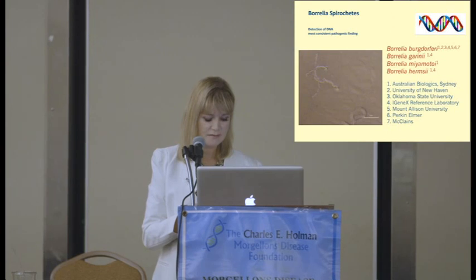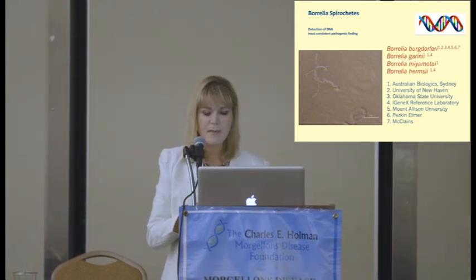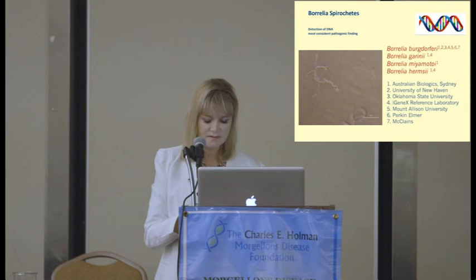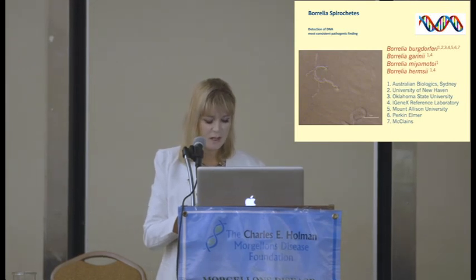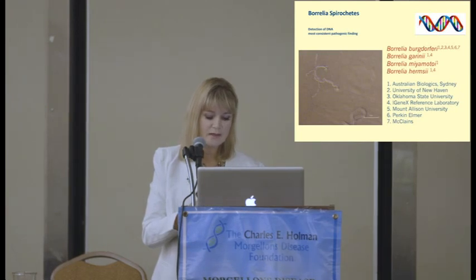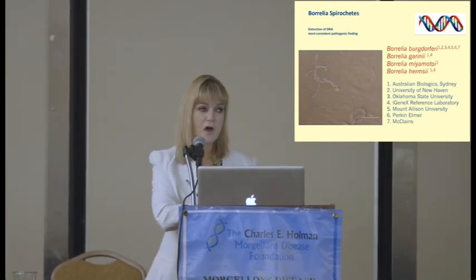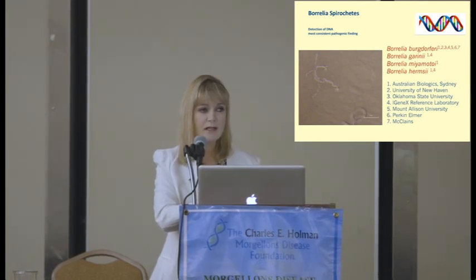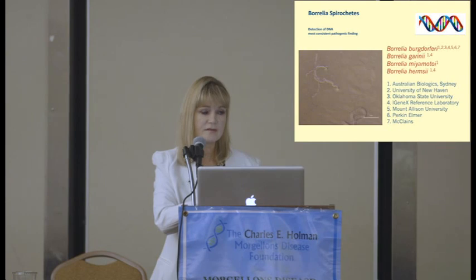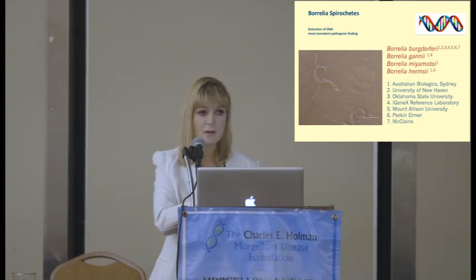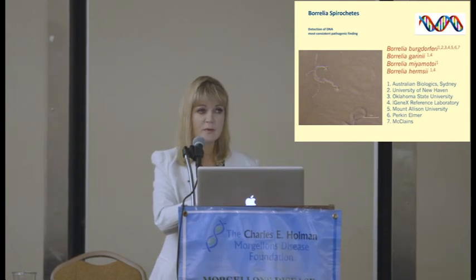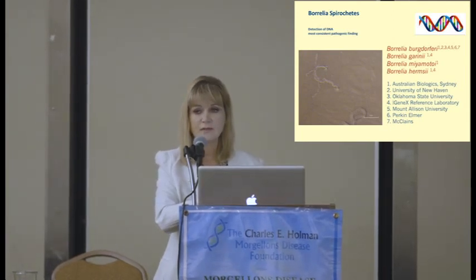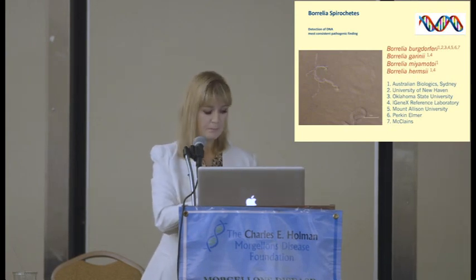Then, using a different method called metagenomic sequencing, a sixth lab, PerkinElmer, detected Borrelia burgdorferi from Morgellons skin specimens. That technique looks at all of the DNA in the sample, so it finds all the pathogens. Borrelia was one of the pathogens that showed up in all the samples that were done. The only other that showed up in one other sample in this group of specimens was Helicobacter pylori.